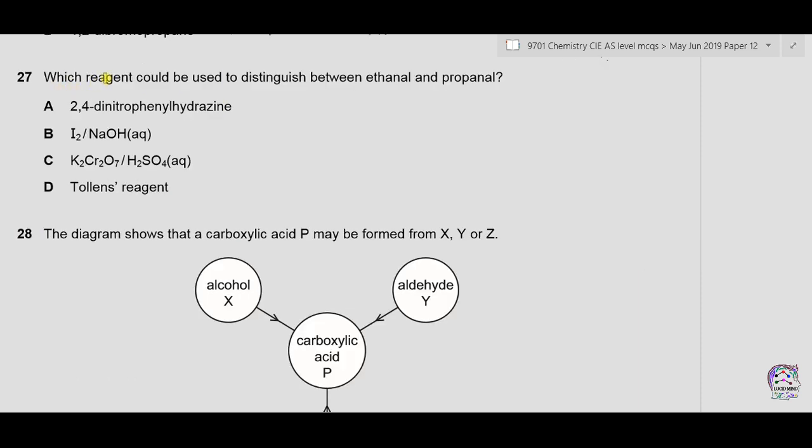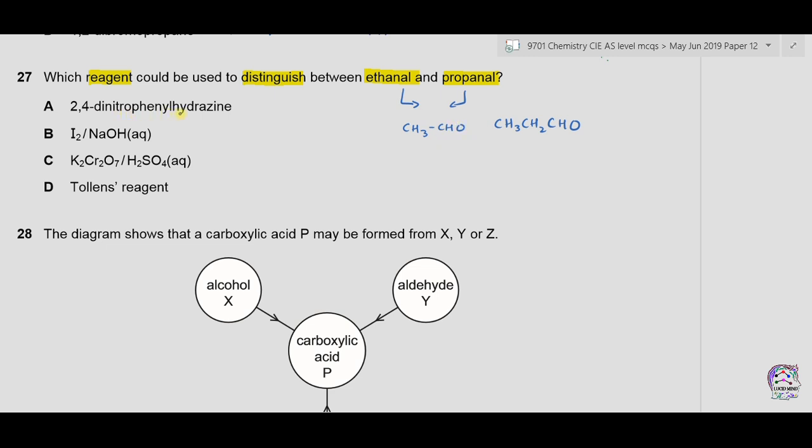Question number 27. Which reagent could be used to distinguish between ethanol and propanol? Now ethanol and propanol both are aldehydes. In ethanol we have 2 carbon atoms. In propanol we have 3 carbon atoms. Let's see how they can be distinguished from each other.